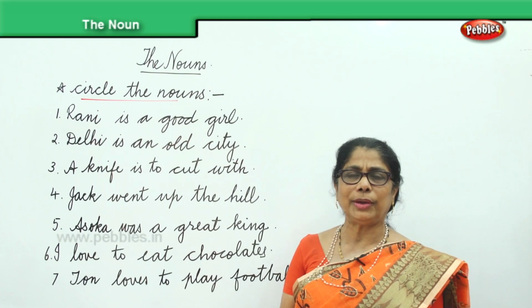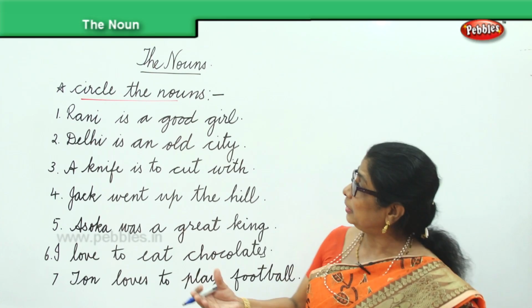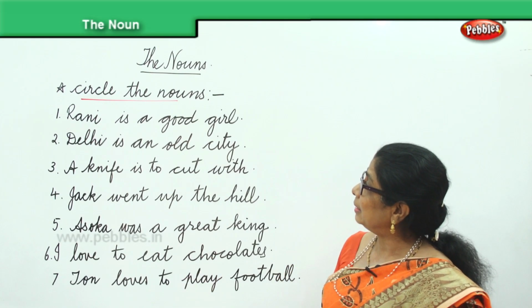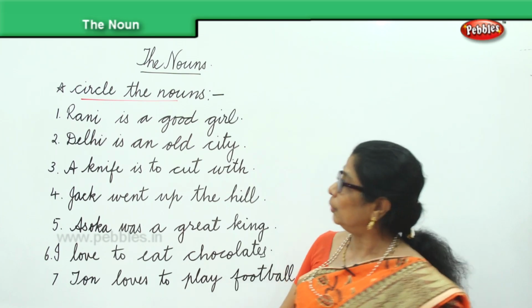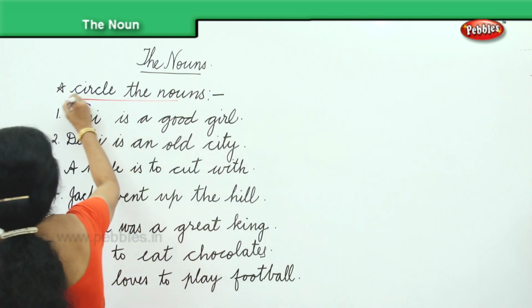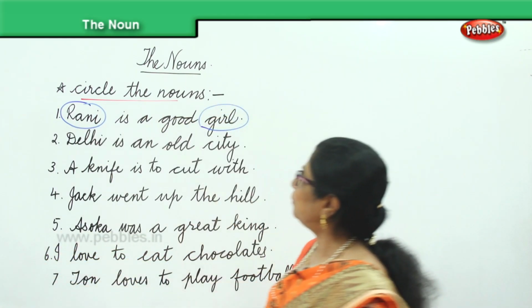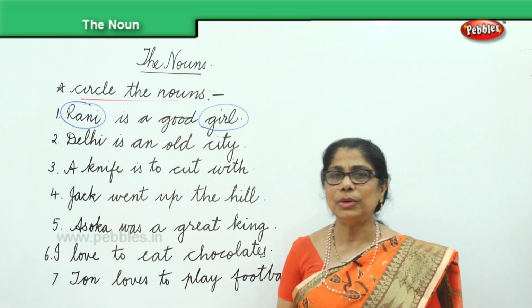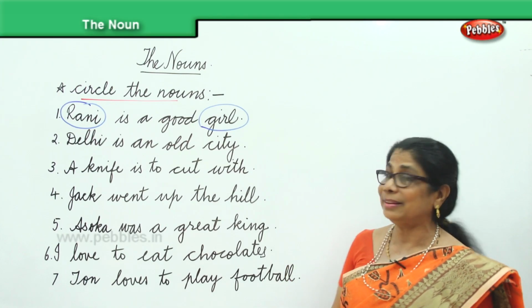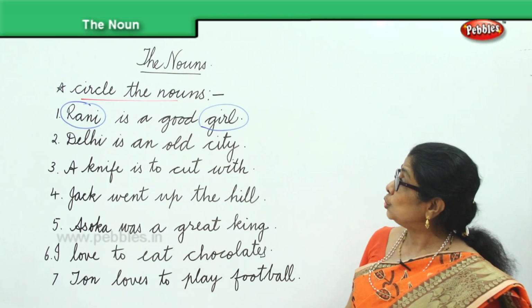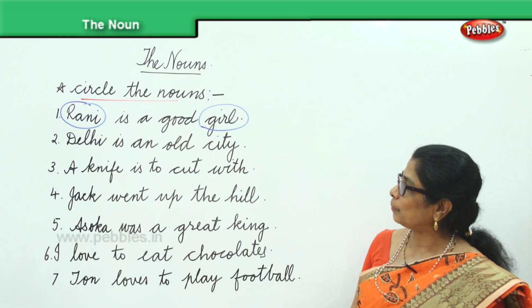Any noun, whatever you can identify. Yes, the first one is Rani is a good girl. Yes, Rani, circle girl. In the first sentence, we have Rani and girl. We have two nouns in the sentence.